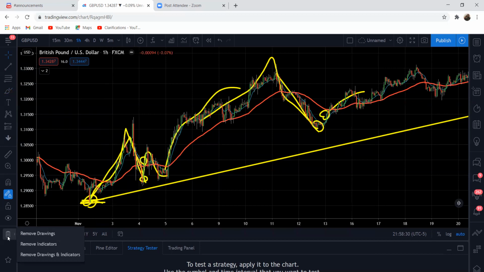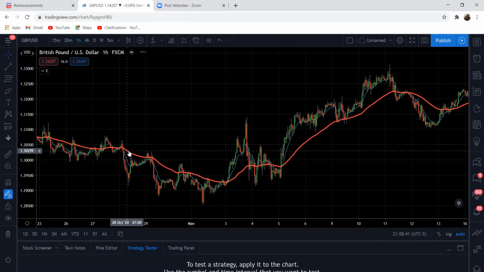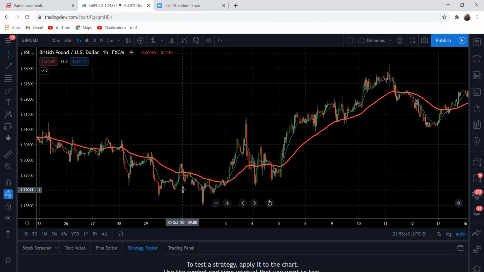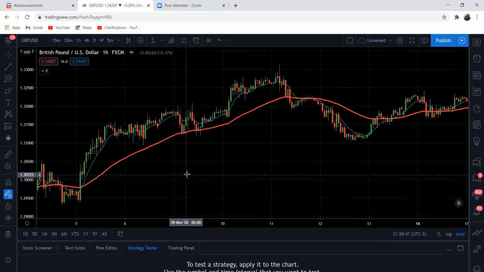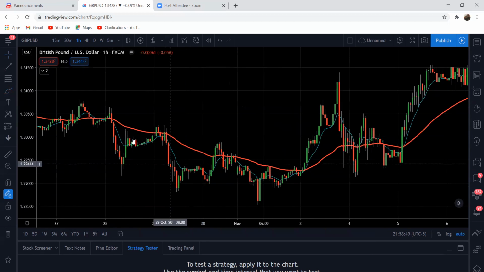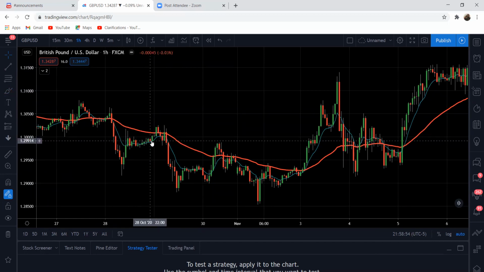Now I have the 9 EMA, and then I have the 50. Notice this protects me because the smaller moving average, the 9, is closer to price.